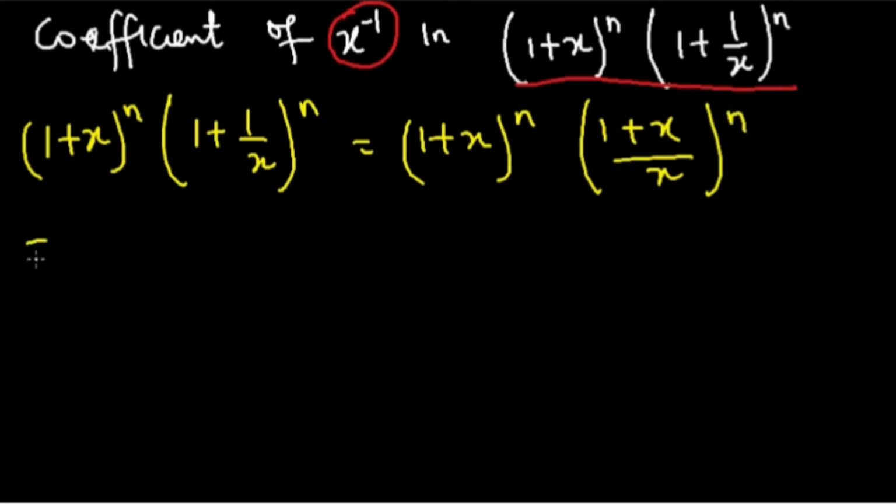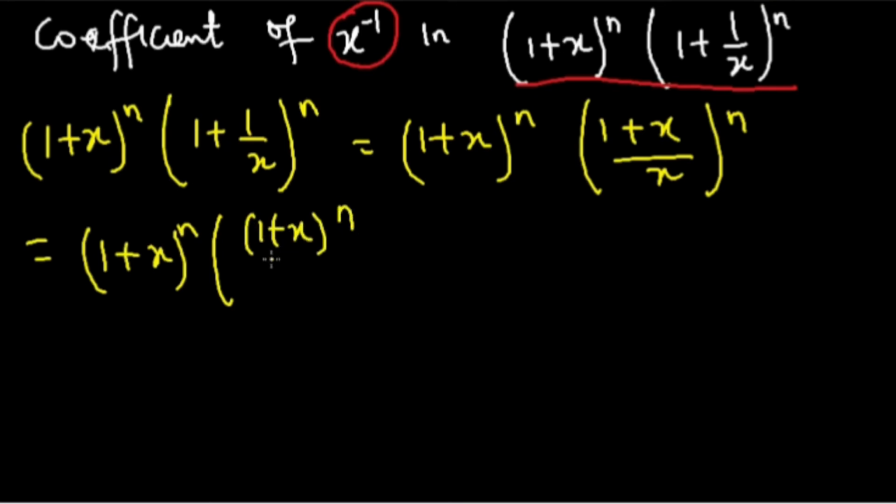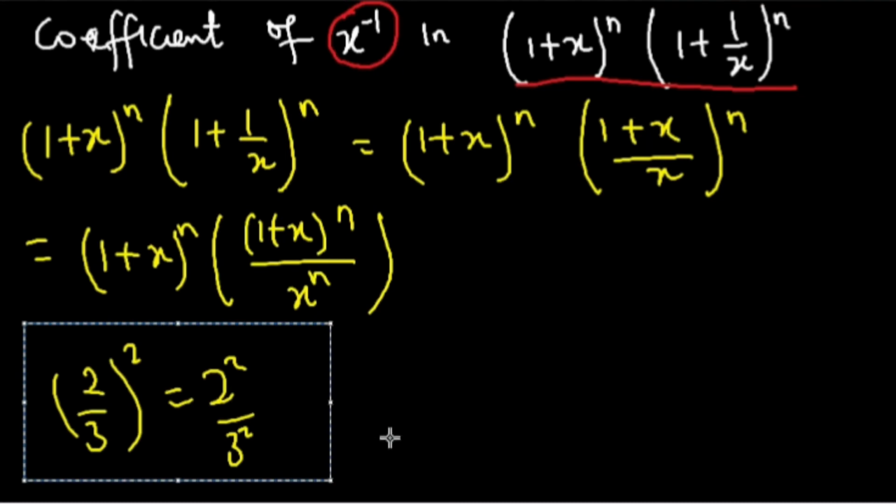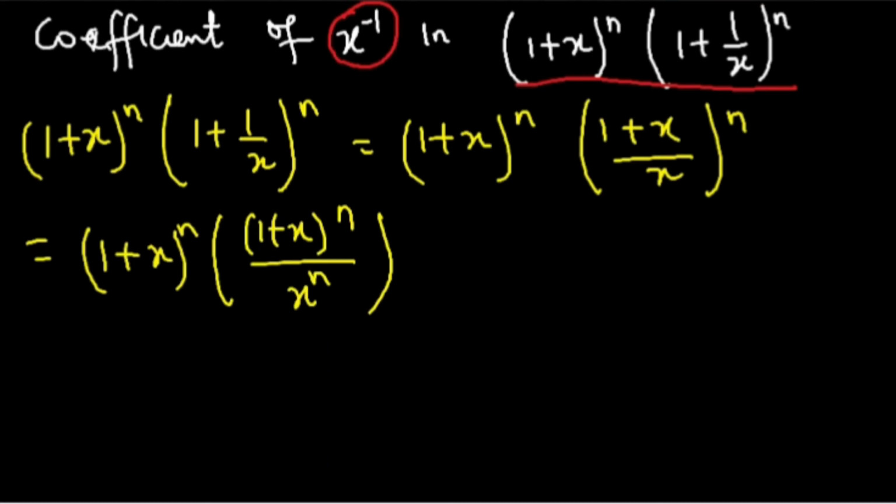And this can also be written as (1 + x)^n into (1 + x)^n over x^n, right? Just like when we have (2/3)^2, it's the same as writing 3^2 over 3^2. So that's what I used here, so you won't be confused on what I just did.